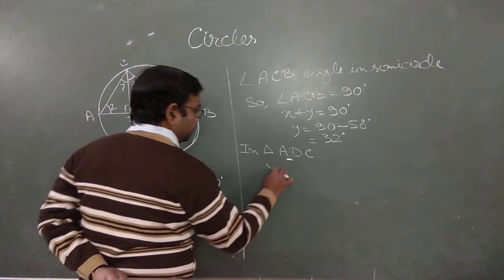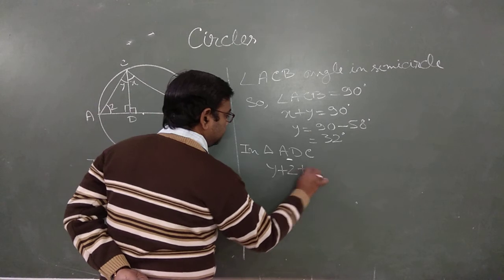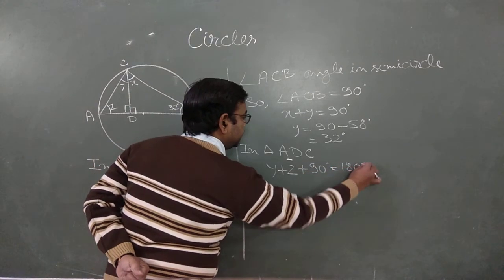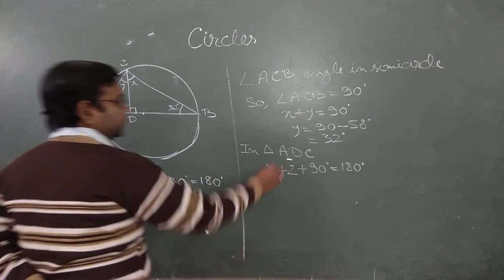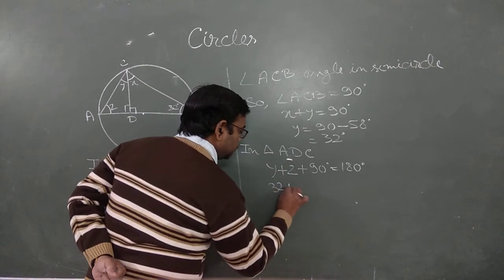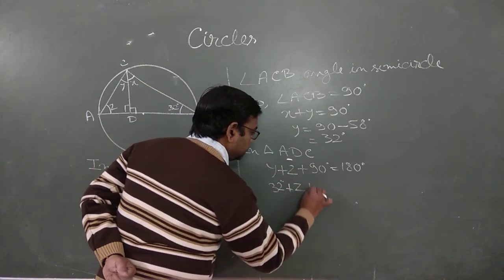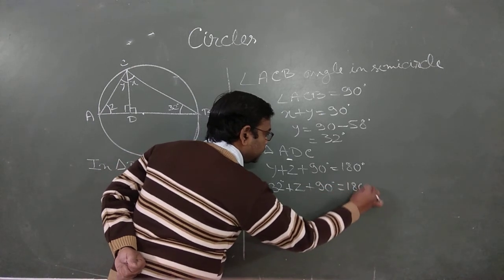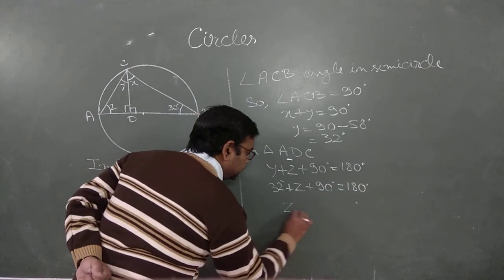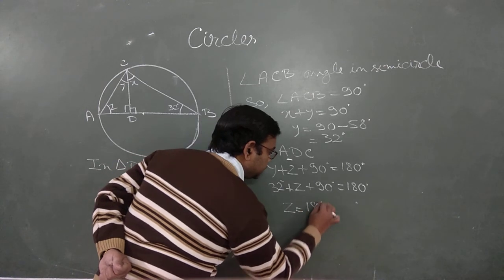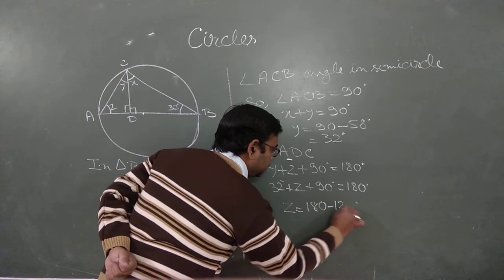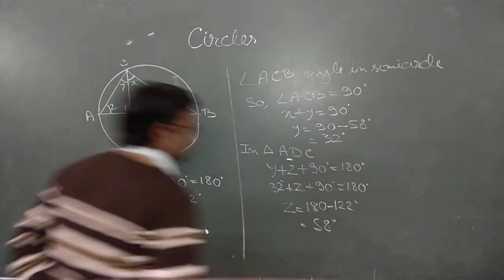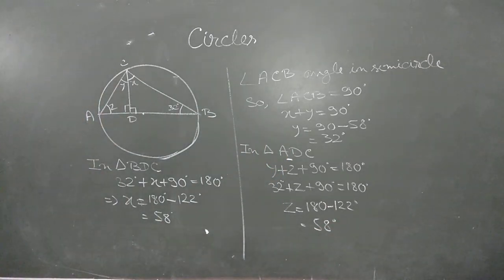So y plus z plus 90 equals 180 degrees. We know the value of y is 32 degrees, so 32 plus z plus 90 degrees equals 180 degrees. Therefore z equals 180 minus 122, it's 58 degrees. Now we have the values of all the angles.